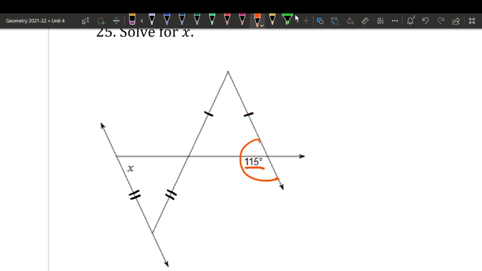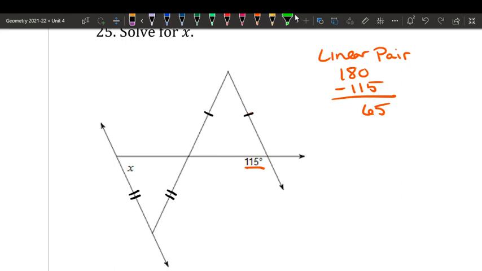So I do 180 minus the given 115. Should be 65. So I found out its match is 65 degrees.